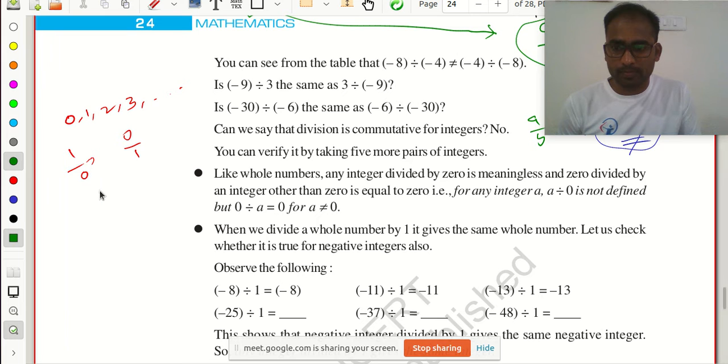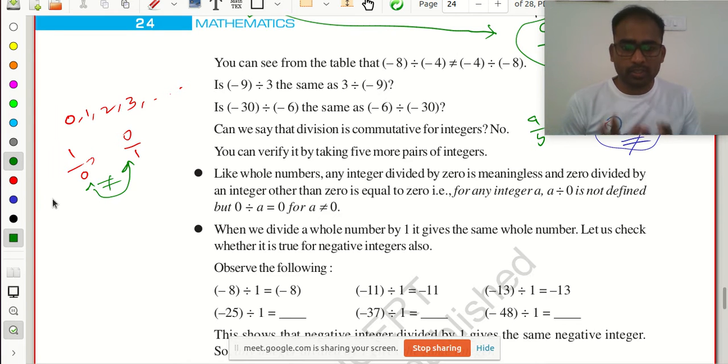No, sir. Not equal. So that is why division is not commutative for integers and whole numbers also. And for natural numbers also it won't hold.